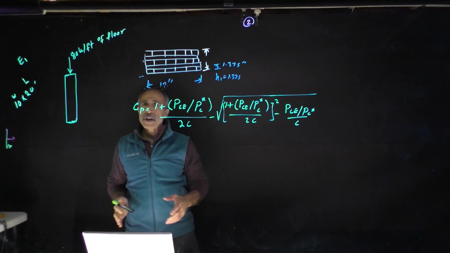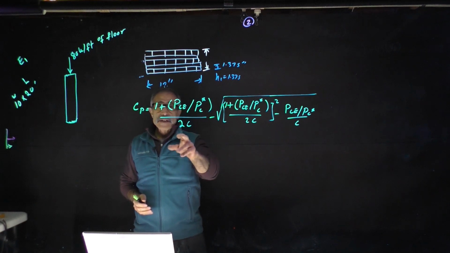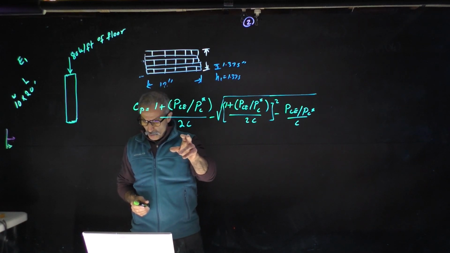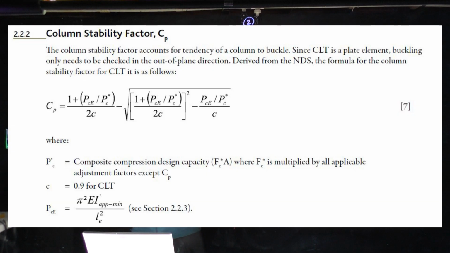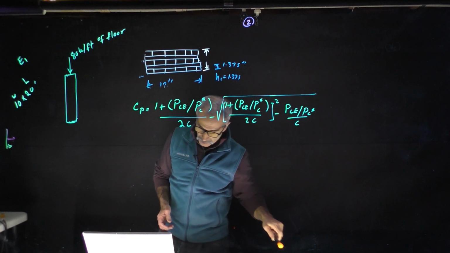And one of the things we're going to look at is the CLT handbook section 2.2, which is on the board here. We're going to worry about this column stability factor, CP. So we're going to find PCE, which is the Euler equation for critical buckling, and then we're going to find PC, which is the composite compression design capacity. Let me get a different color here.